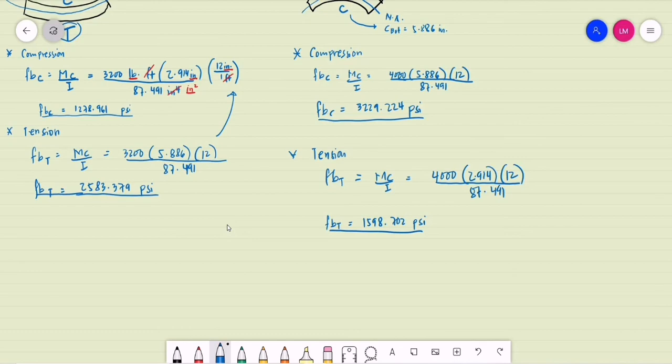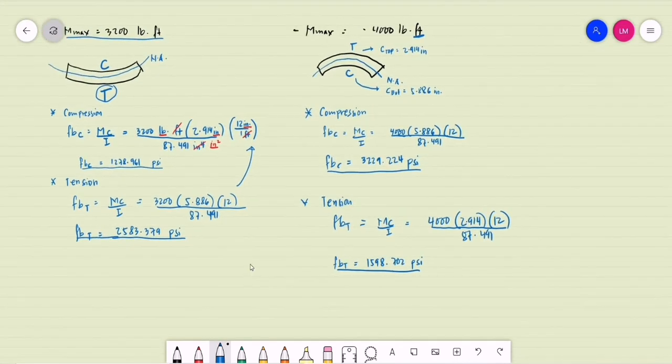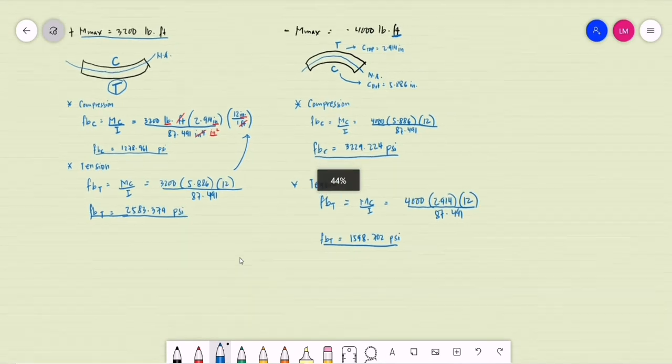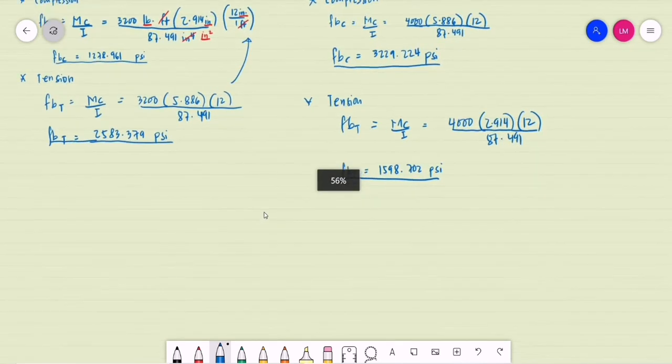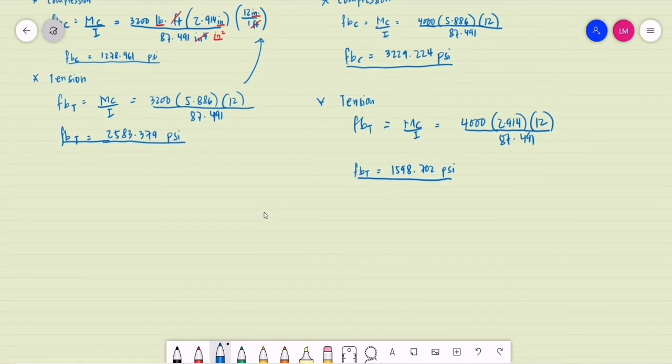If you are to consider these two maximum moments, the maximum positive moment and the maximum negative moment, what is the maximum compressive stress? If we are now to conclude our answer, we have the maximum bending stress in compression.